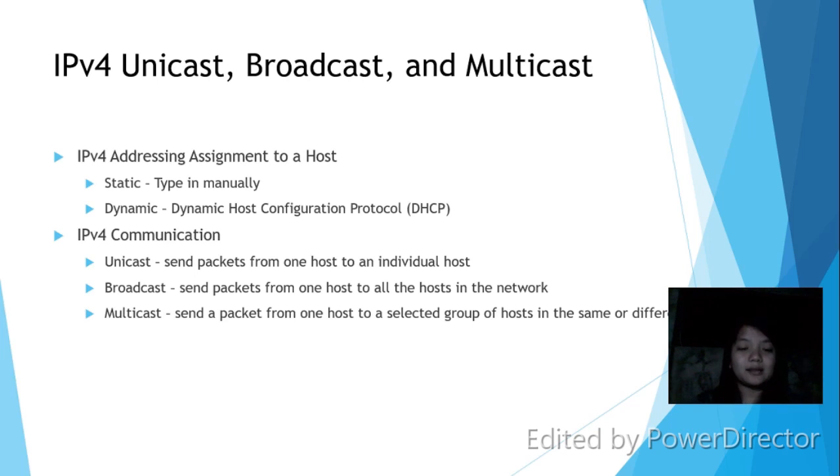So again, the unicast is from one host to one individual host, the broadcast is from one host to all the hosts, and the multicast is from one host to a selected group of hosts only.